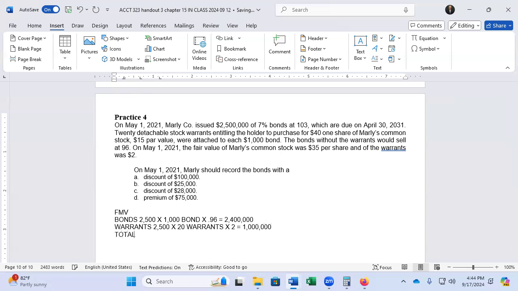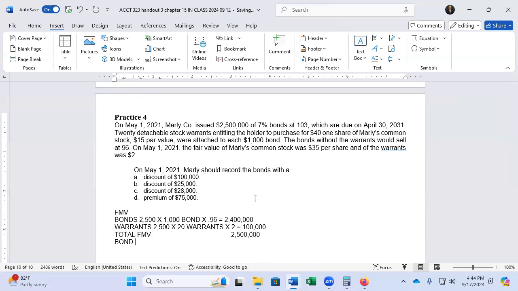So total, did I miss that again? Okay, so total fair market value, 2.5 million.